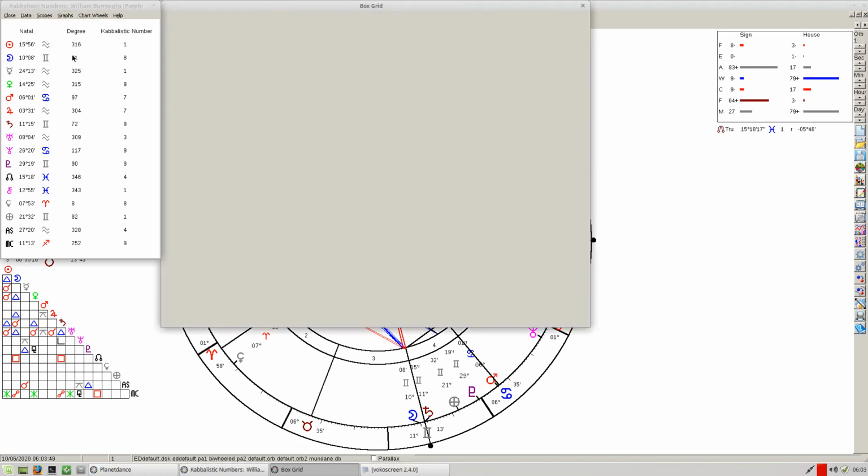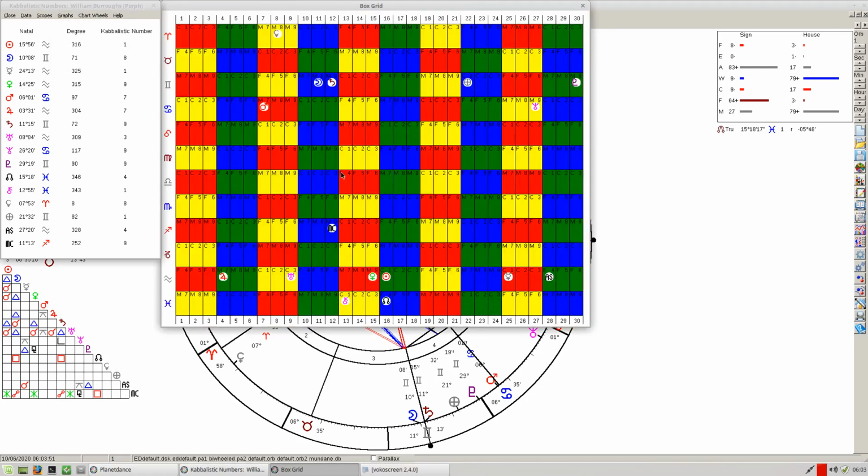The box grid is an innovative way of looking at the chart relationships. So across the top you have each degree and you have the signs down the left. And if we look at Saturn, Venus, Neptune and Pluto, they all appear in degrees associated with mutable energy and the Kabbalistic number 9.